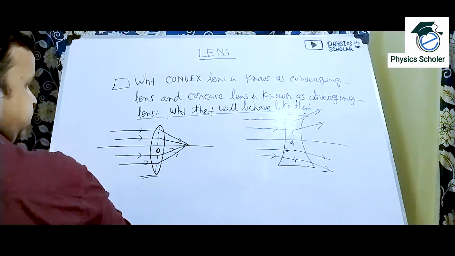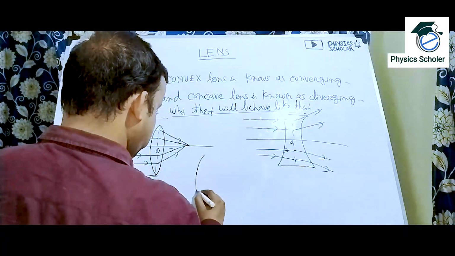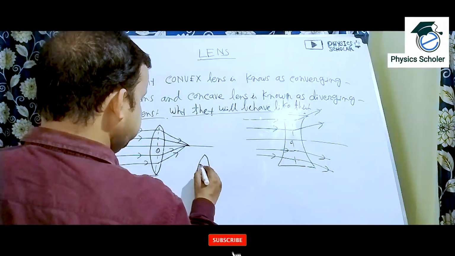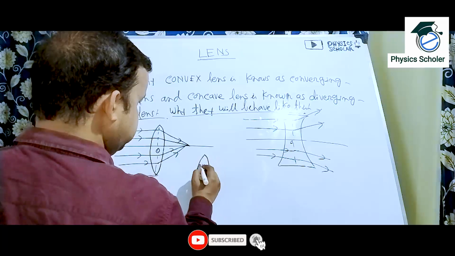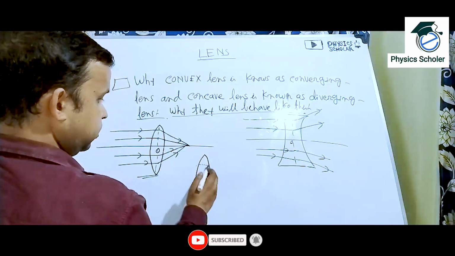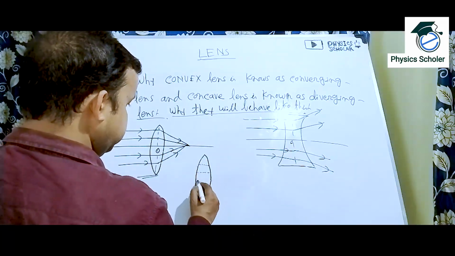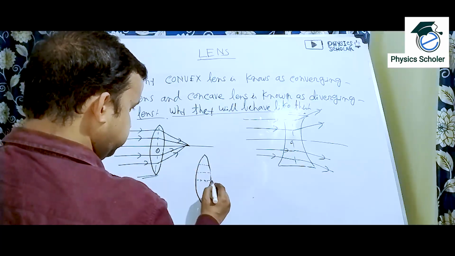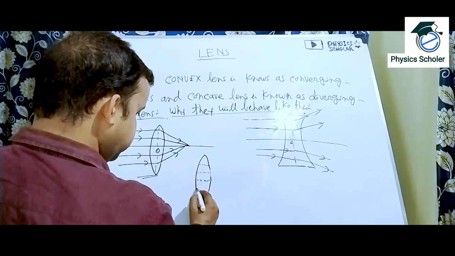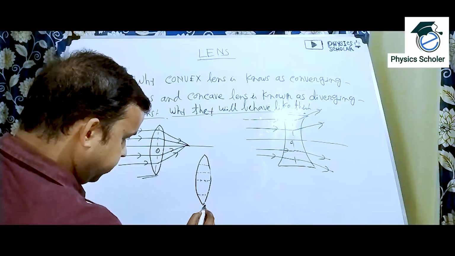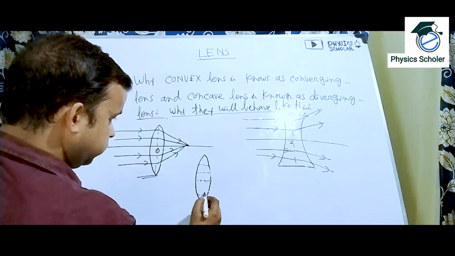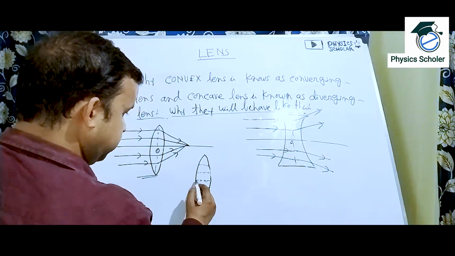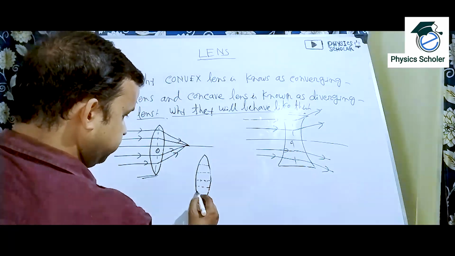Now, in case of a convex lens, see, this part is considered a prism. This is the mid part. This part is considered another prism, and this part is considered another prism, and this part is considered another prism, just a rectangle shape.